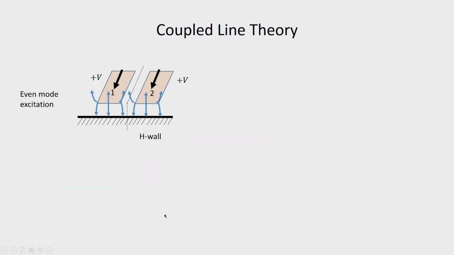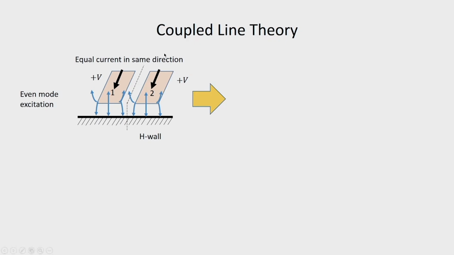So, for even mode excitation, both the conductors are at V, and as a result we will have an open circuit created at the middle, or an H wall, and equal current flows in the same direction.